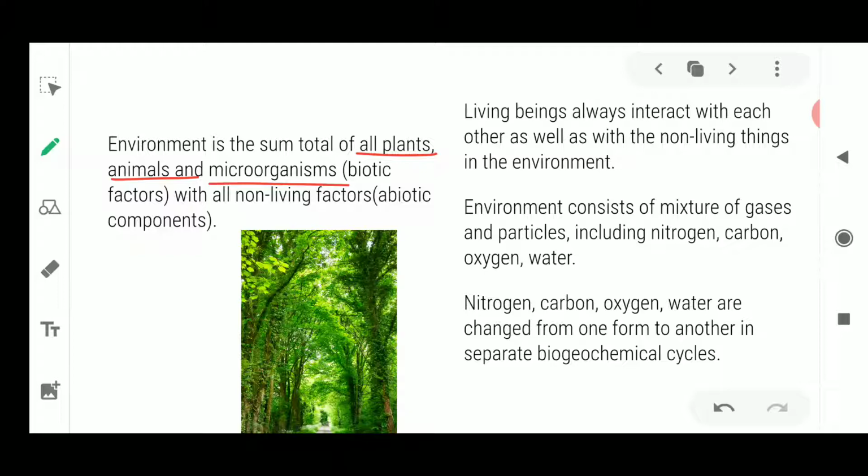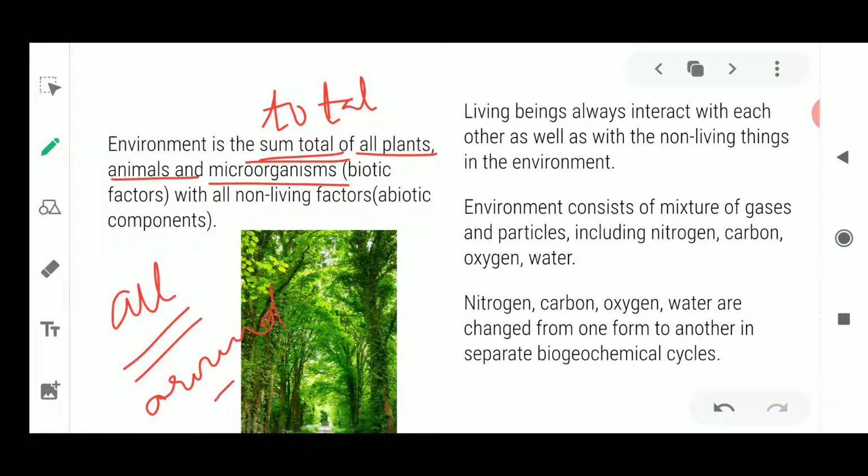What does the definition of the environment say? It says that it is the sum total. Why sum total? It is going to take all the things, all the components which are present all around us. Whatever is present around us is going to constitute our environment.